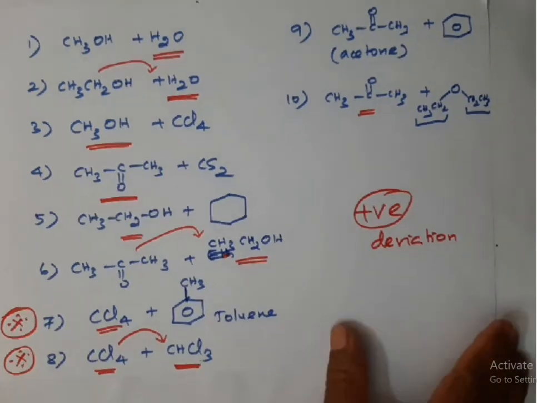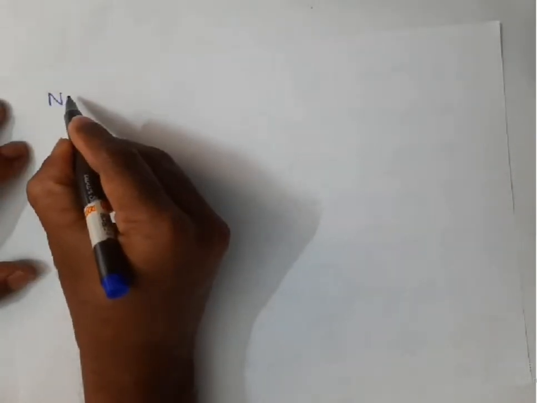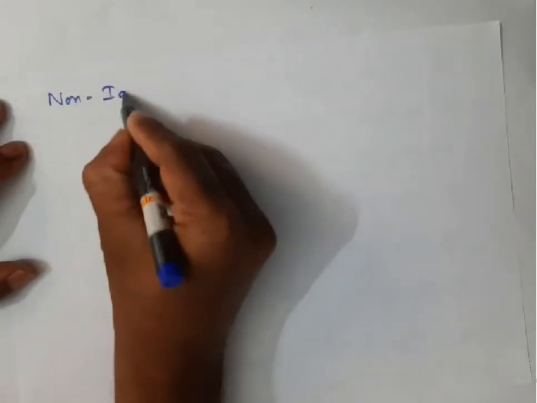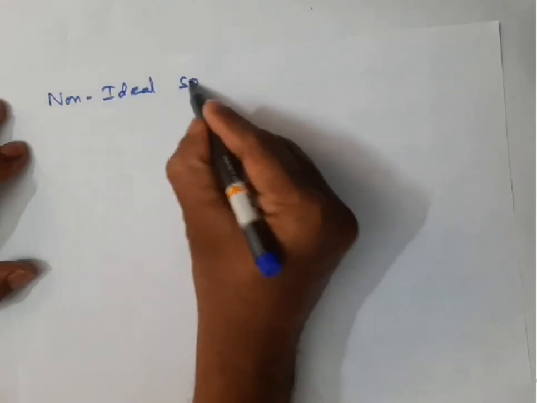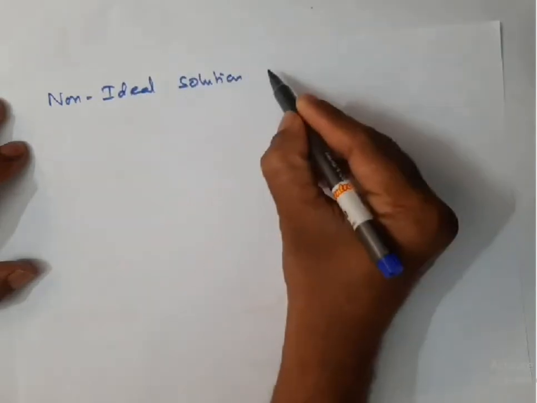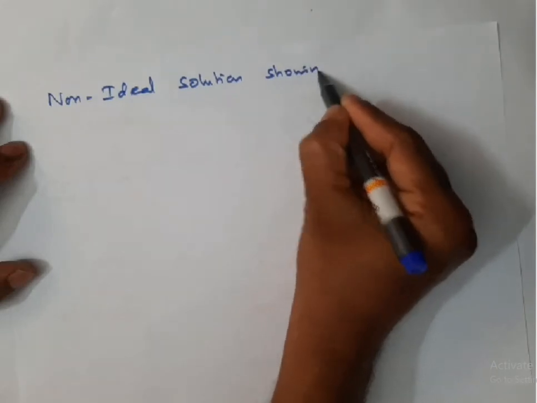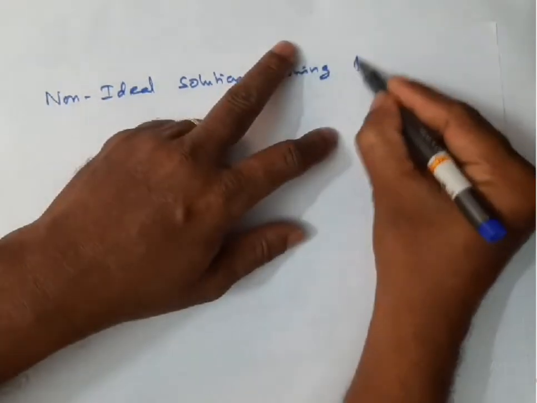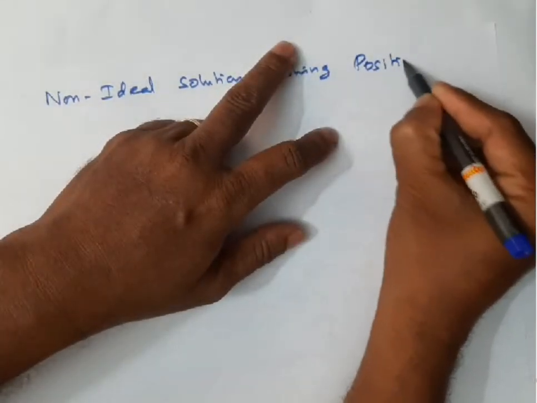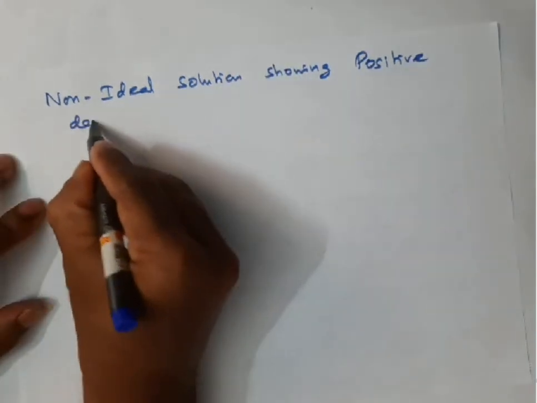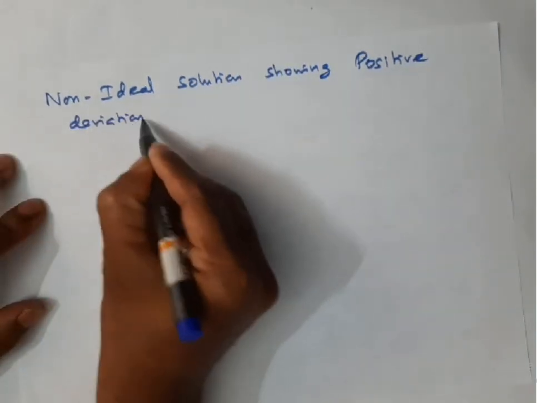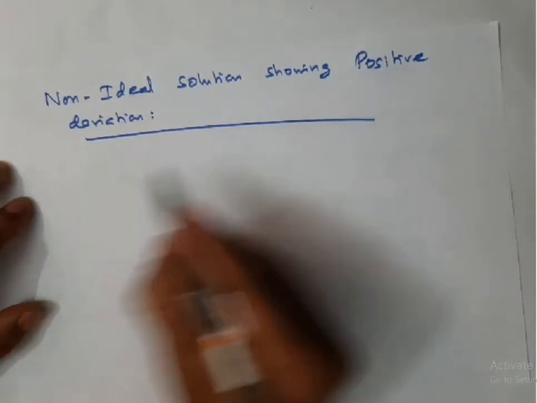Okay, now for a non-ideal solution showing positive deviation, these are all the points you should remember.